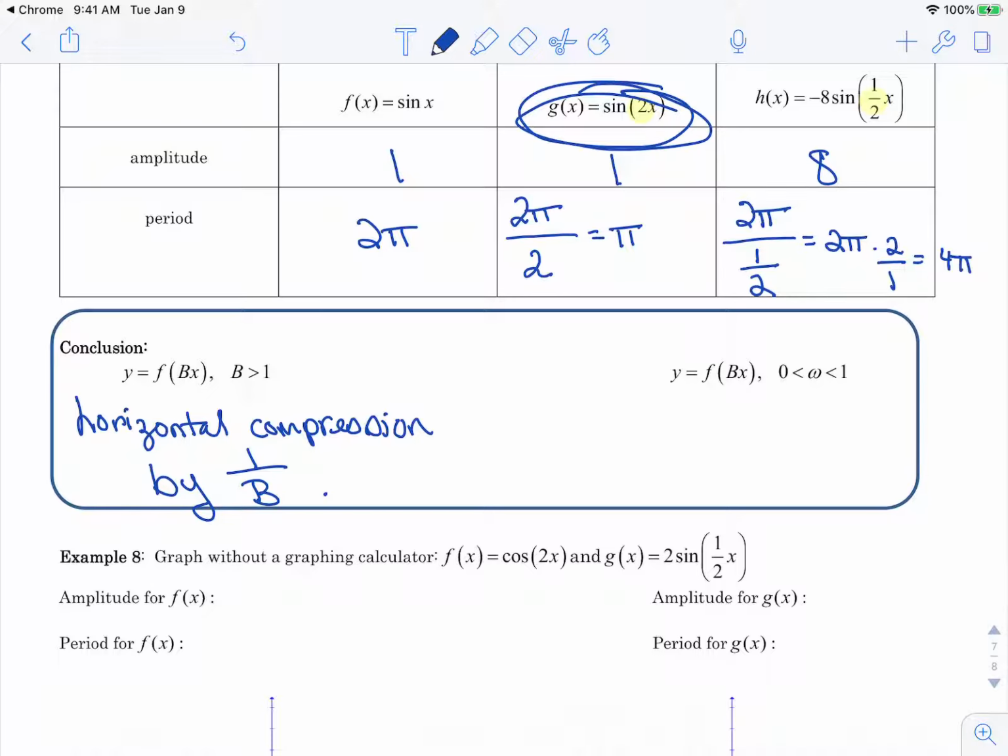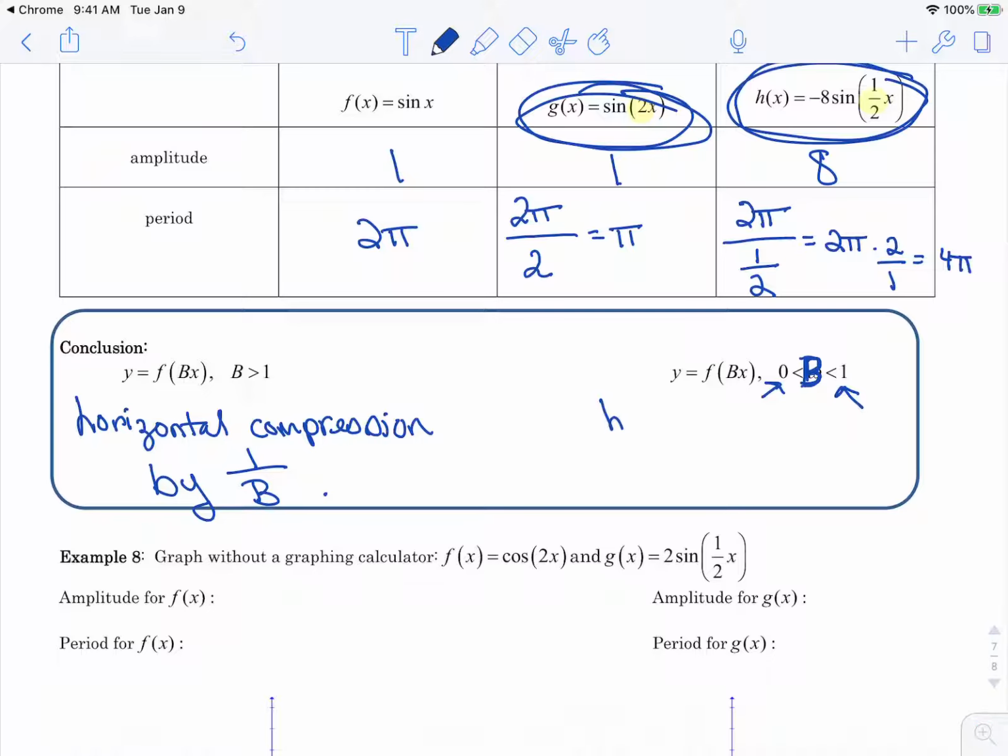Now this one, I changed the variables on us last minute, so that's why that omega stuck. But we're going to change that omega to a b so it's consistent. This is when b is between 0 and 1, which is like this, okay?